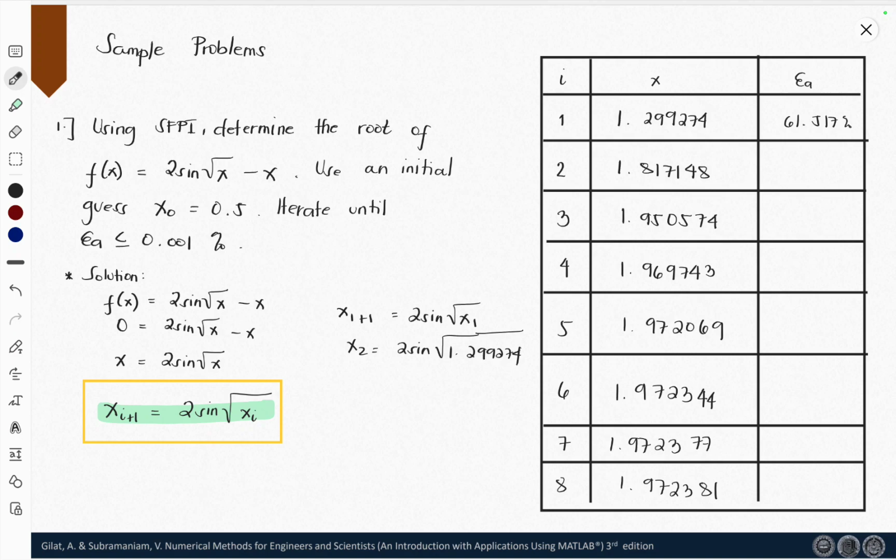Let's try to solve the errors. 1.817148 minus 1.299274 over 1.817148. So this is 28.499%.